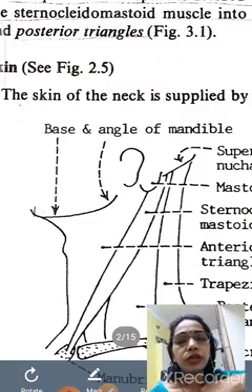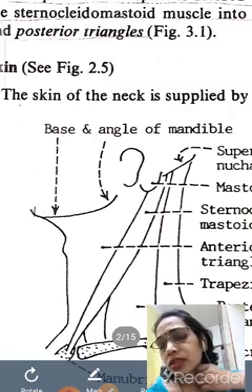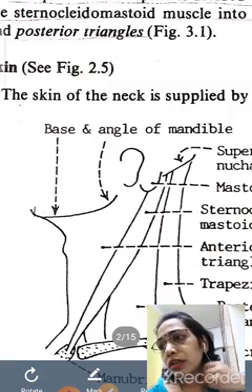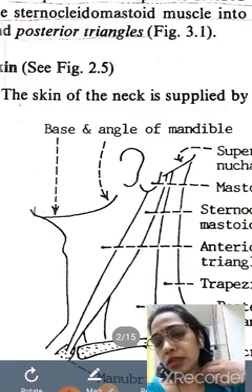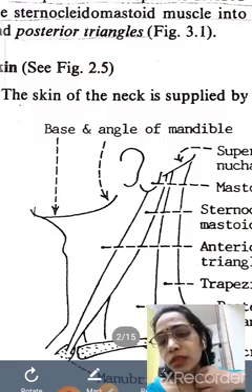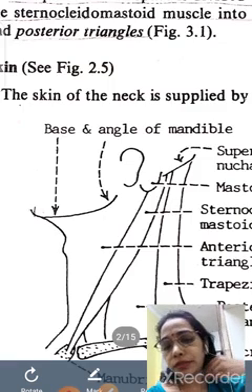When your right is contracting, then you are turning the face to the opposite side. Okay, so you can see this tendinous part here in the neck. This is your sternocleidomastoid. You can even feel this muscle.